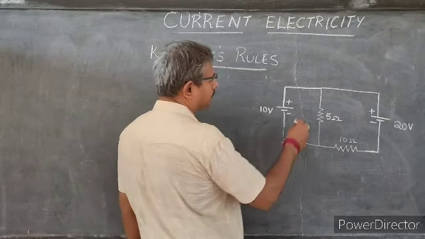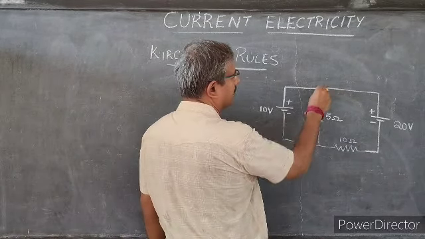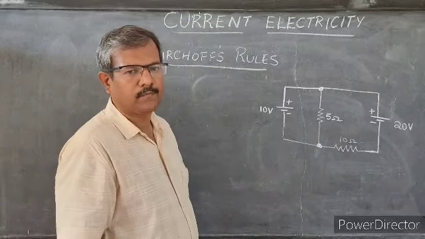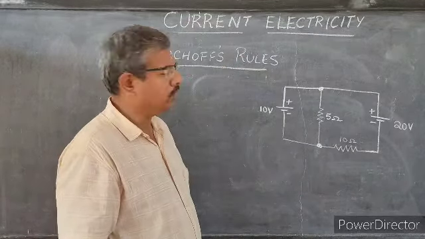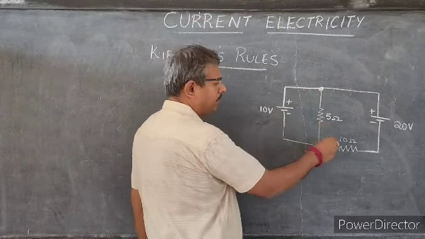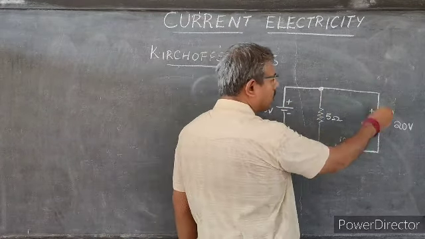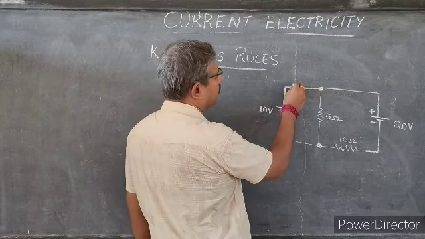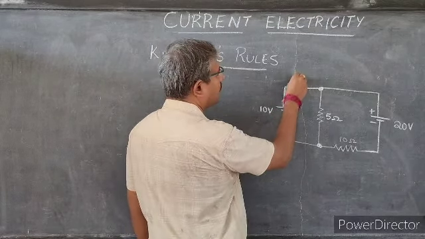So remember that this is a junction, this is also a junction. Also, you can notice that you have two loops. There is one closed loop here and there is one closed loop over here. So let's make a few assumptions before we start applying Kirchhoff's laws. So let's assume the 10-volt battery is producing a current I1.